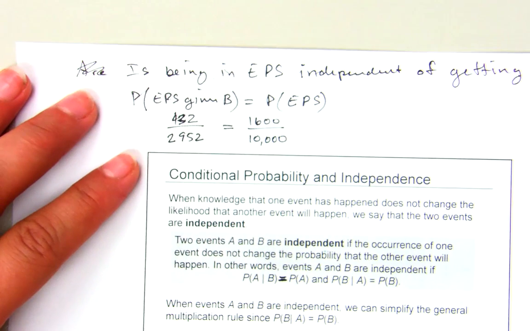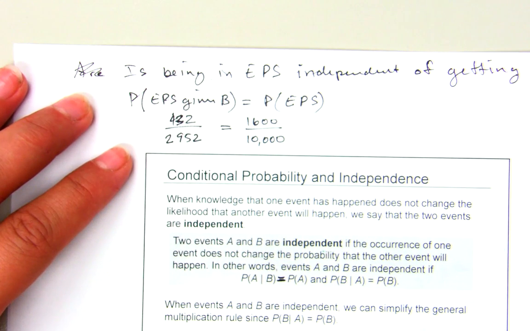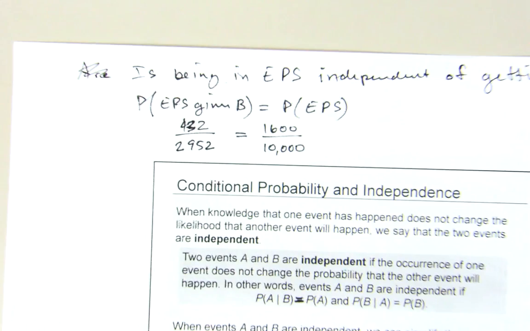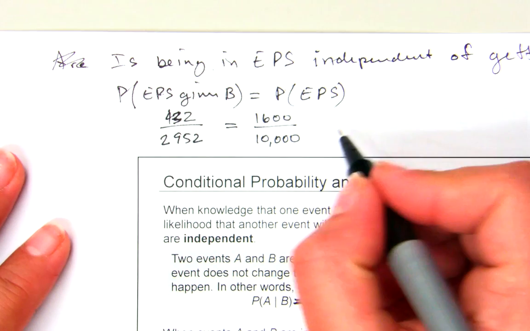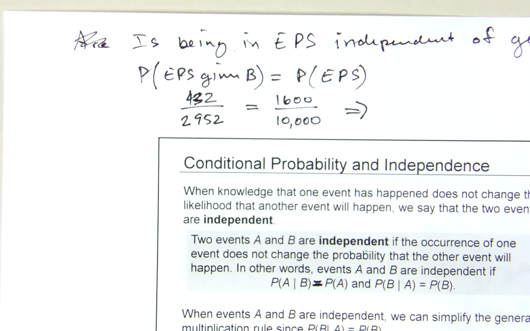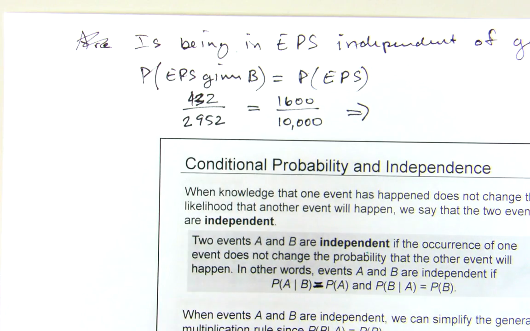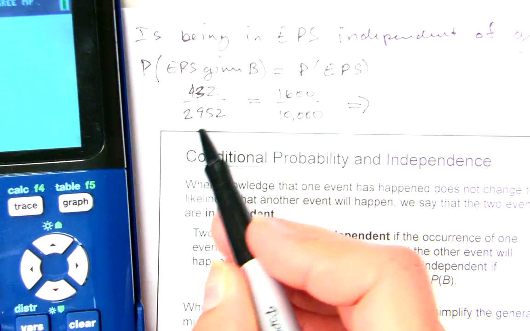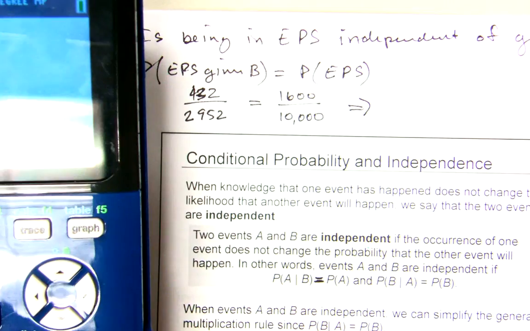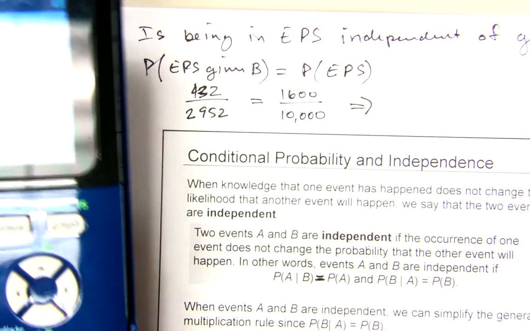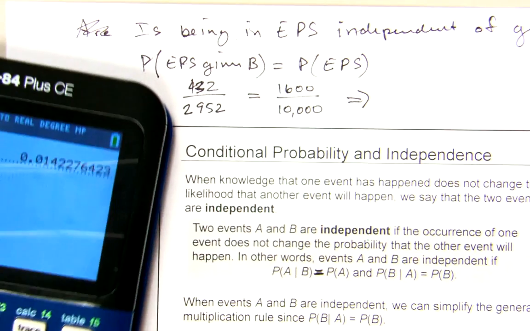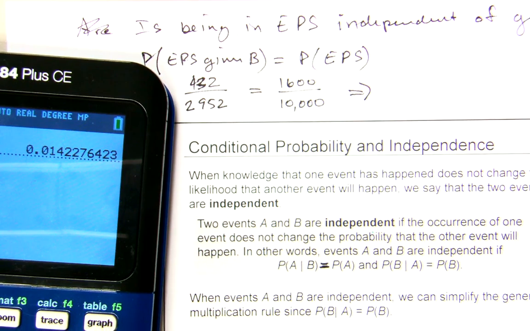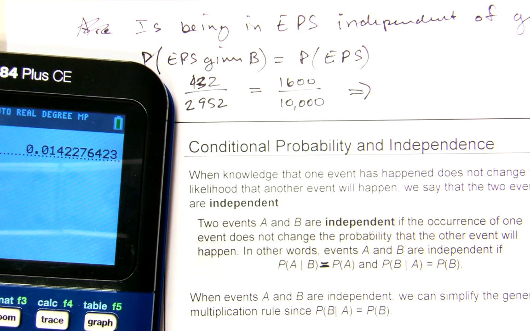Okay, so take a look at those. Right now, it's kind of difficult to see whether or not they're going to reduce to the same thing. You can probably work some things around, but the probabilities for each one are what I'm really interested in. So 432 divided by 2,952, right?